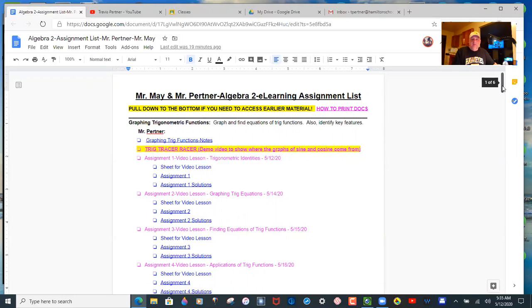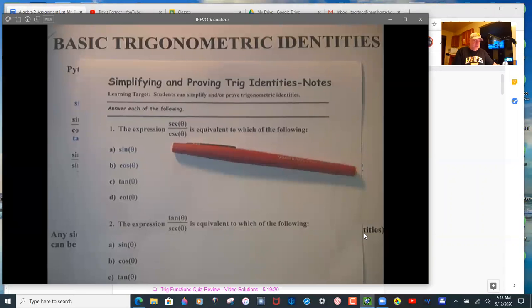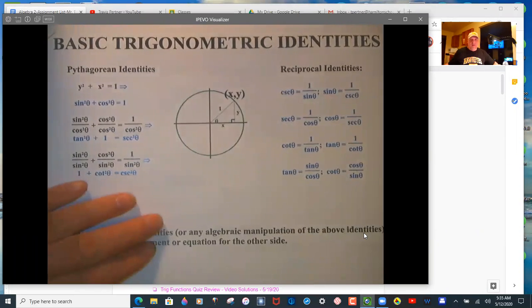Okay, so another little unit here, this time with 4 assignments on trigonometry. And today's lesson is strictly going to deal with identities. And that's how we're going to start. And you need to print off the graphing trig functions notes. And that's what you see right here.